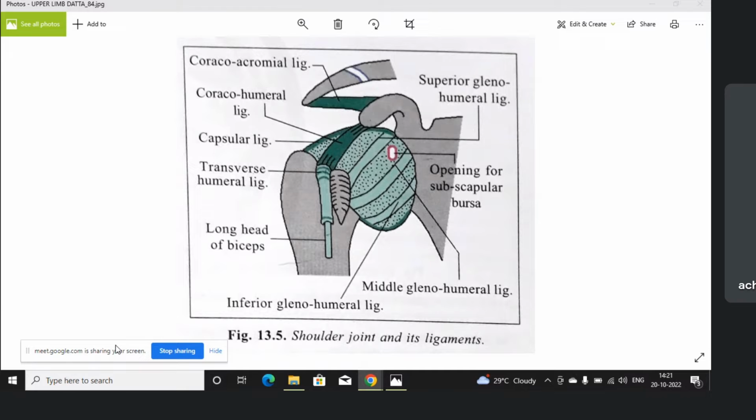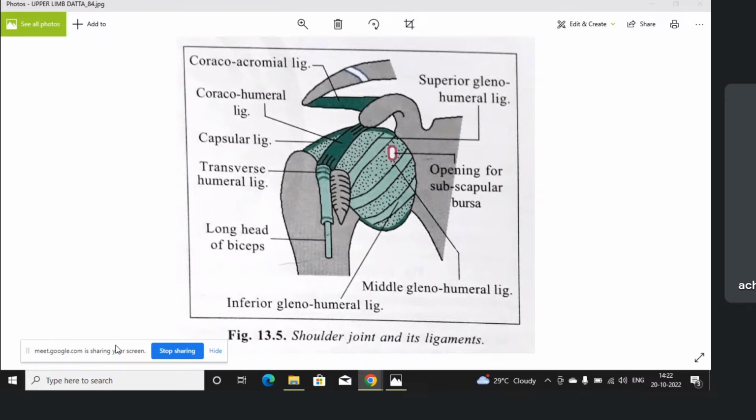First, glenoid cavity. It is a pear shaped depressed area present in the lateral angle of the scapula.